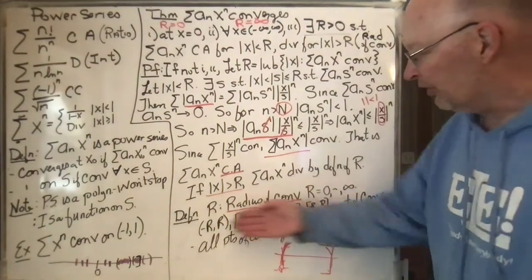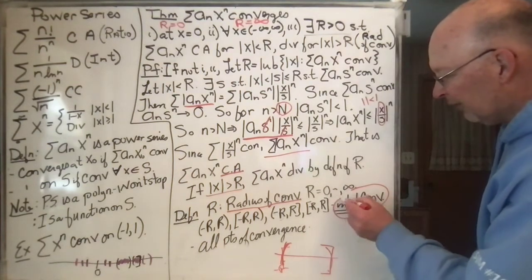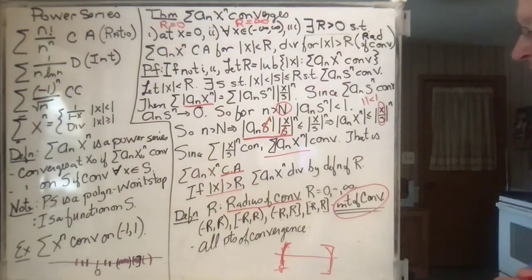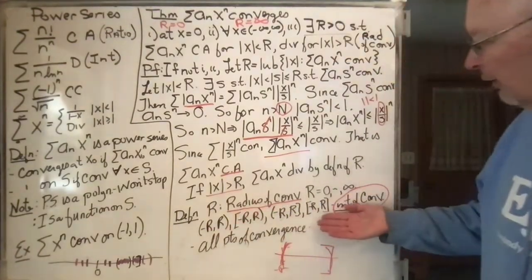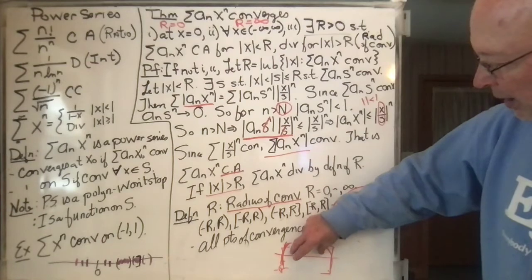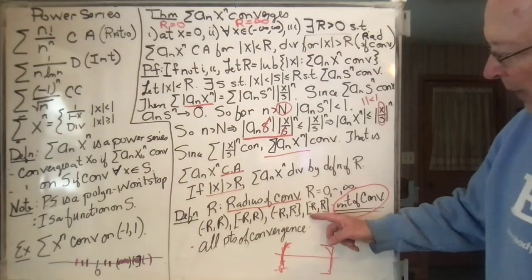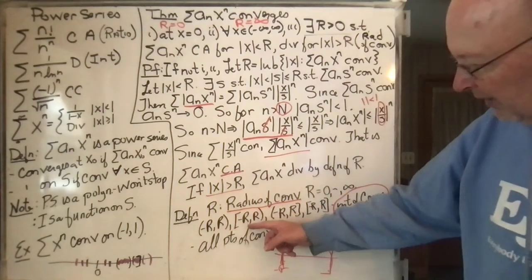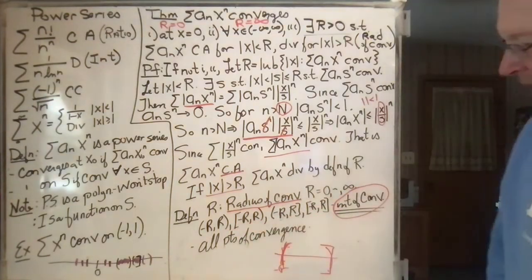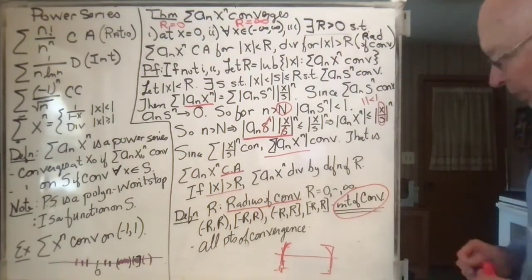But whichever one it is, that is called the interval of convergence. So the interval of convergence is, just as the name implies, the entire interval for which the power series converges. Okay, so the interval might be closed on both ends. Maybe it's open, or maybe it's closed on one end and open on the other. We'll see examples of all these things. Okay, so there you go.